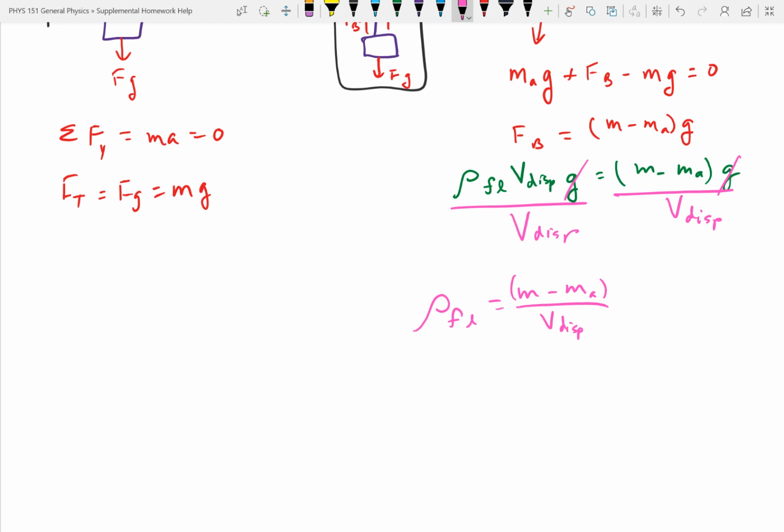What do I not know in this equation? The volume. Well, we don't have the volume that was displaced yet. But we do know it's submerged. So we can take the subtraction of what it was in the air minus what it is in the water. Well, we don't have volume measurements. Oh, but we know that the volume displaced has to equal the volume of the iron, because it's completely submerged. I could have used Fe for iron.